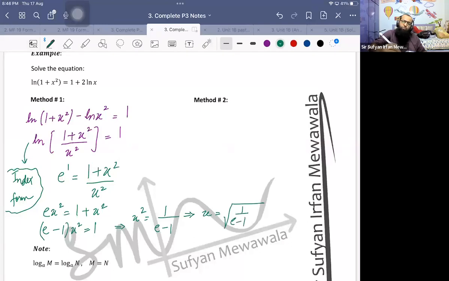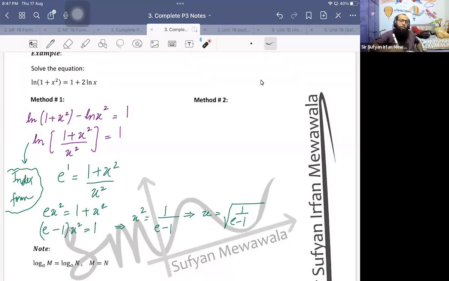We also need to know that whenever we are removing even power, we will take plus and minus both. Whenever even power is being removed, we have to take square root, we have to take plus minus on the other side. But over here, I'm not taking plus minus.